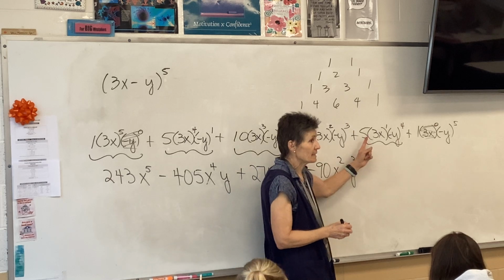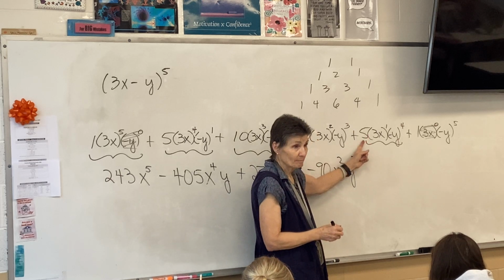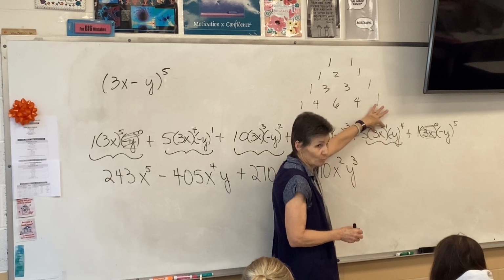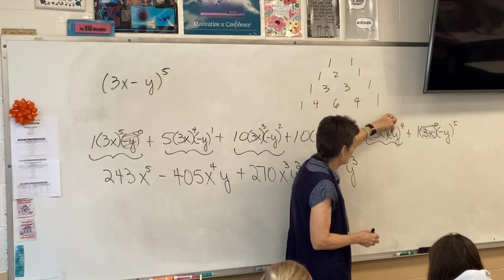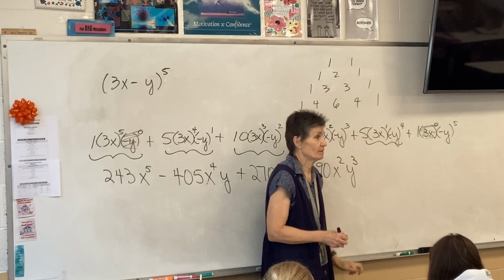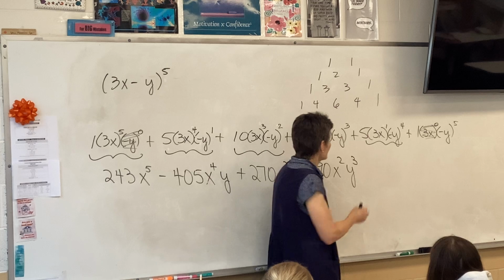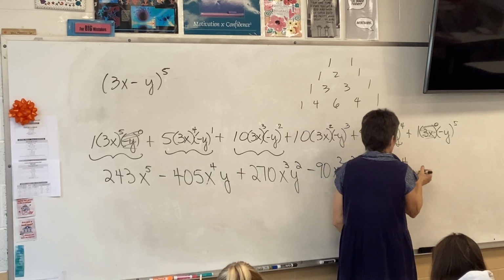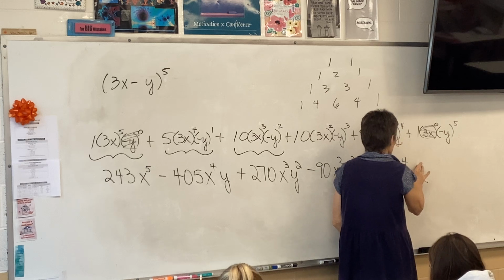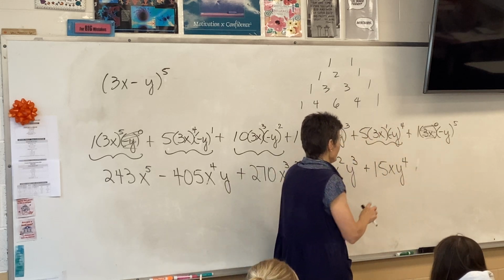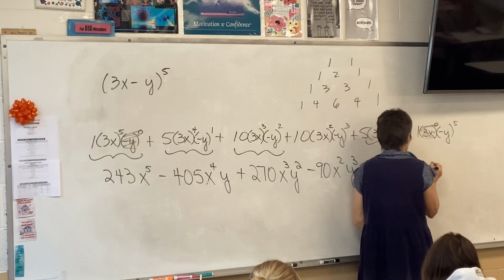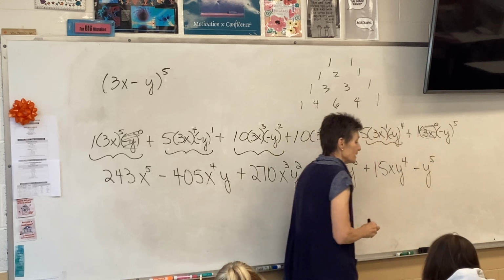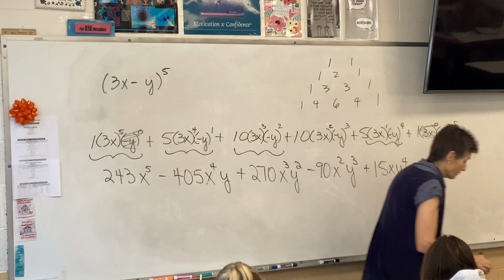What am I multiplying here? 5, 3, and what is negative 1 to the 4th? Positive 1. So that's going to be 15x. And what about that last one? What's that last one going to be? Negative y to the 5th. Very, very good. That is your answer.